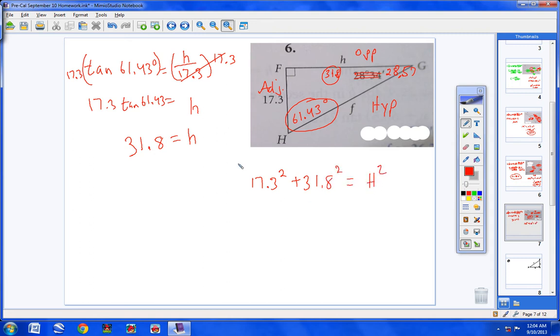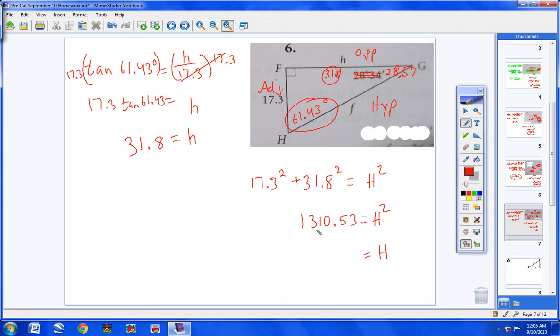Now, if you square the 17.3 and get a number, and then square the 31.8 and get a number, and then add those two together, I'm typing in my calculator right now, you will get 1,310.53 equals h squared, and then we take the square root of both sides. The square root of h squared is h, and the square root of this other number is 36.2.